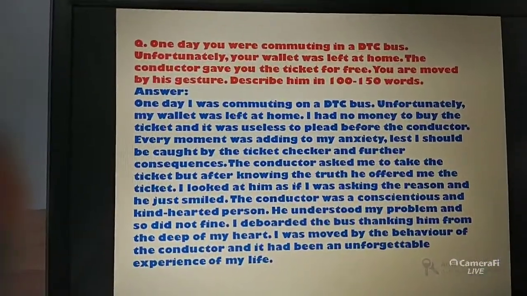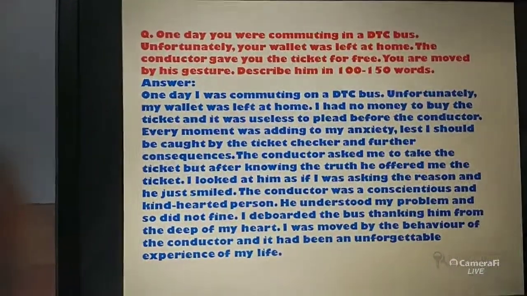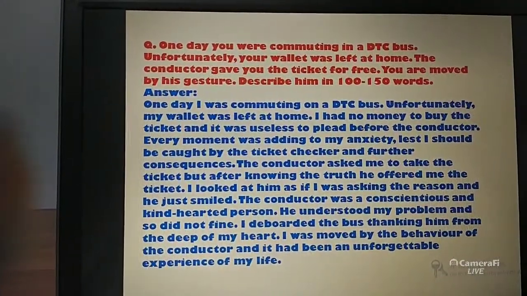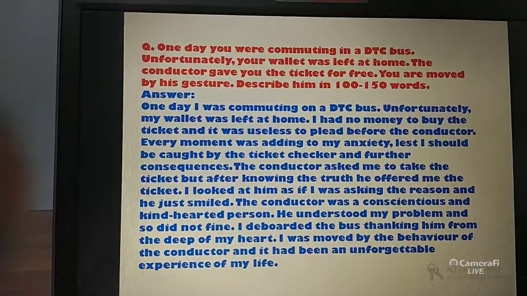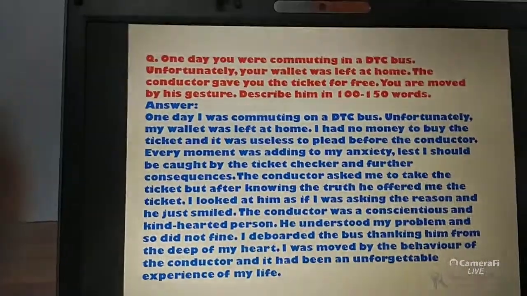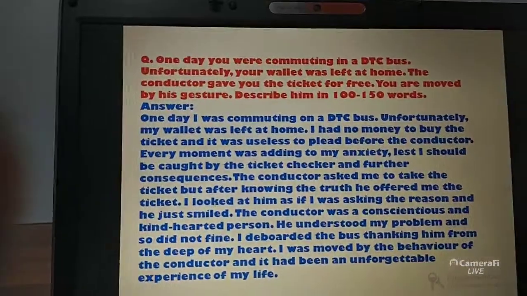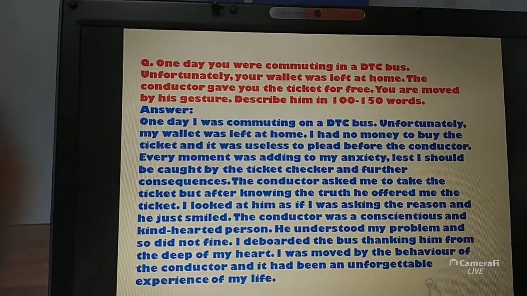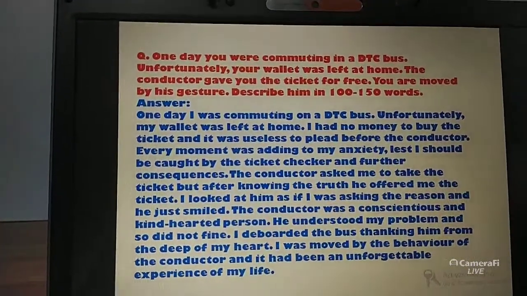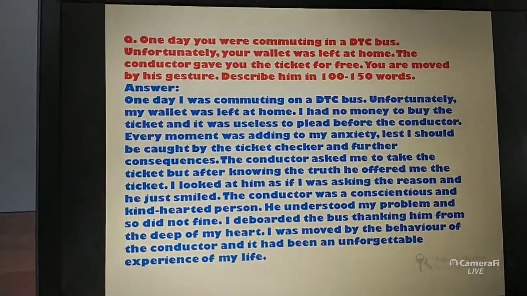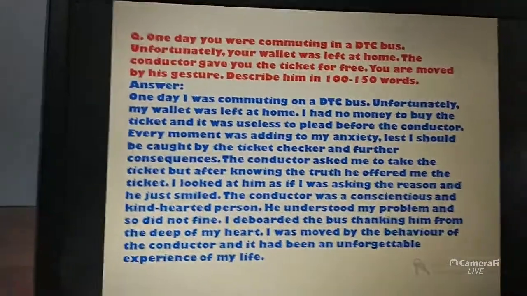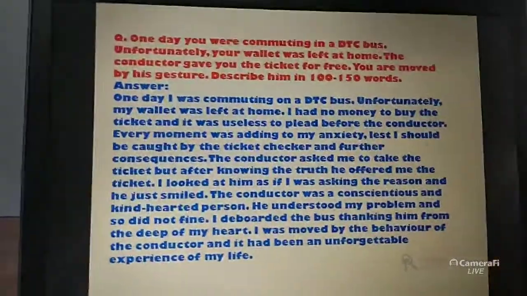DTC bus means a government bus. You know the behavior of the conductor in a government bus. They don't really care about the customers, the passengers actually. But this time something unusual happened. That person gave the ticket for free. So you were moved by his gesture, and you have to describe him in 100 to 150 words.